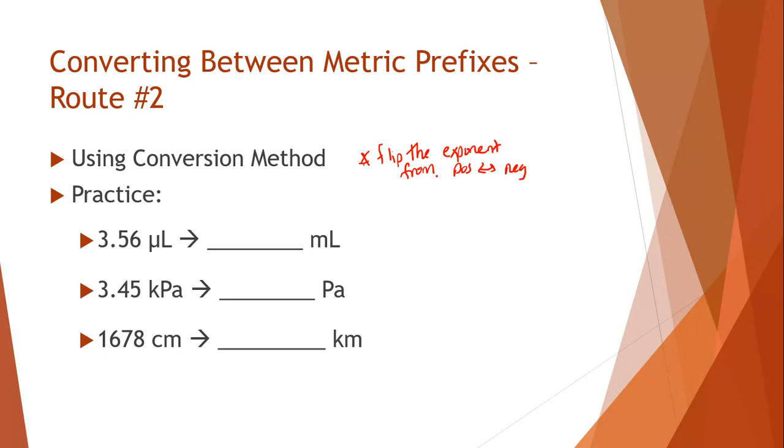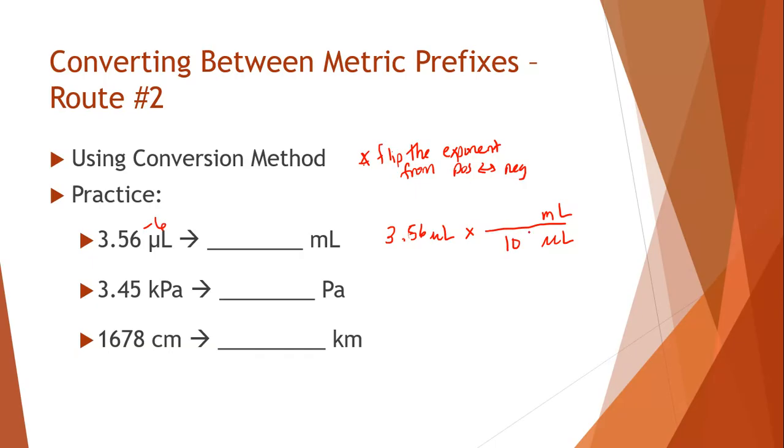And what do I mean by that? So here, if I'm starting with 3.56 microliters, and you want to cancel it, if we remember from conversions, you've got to put microliter on the bottom, and you want to put milliliter on top, because that's what you're trying to get to.